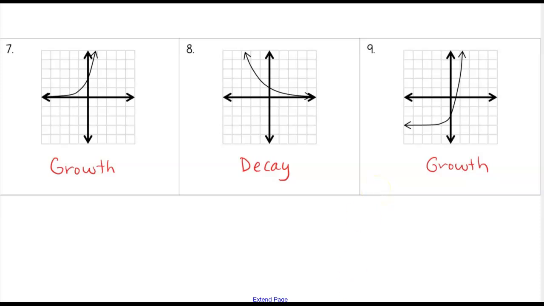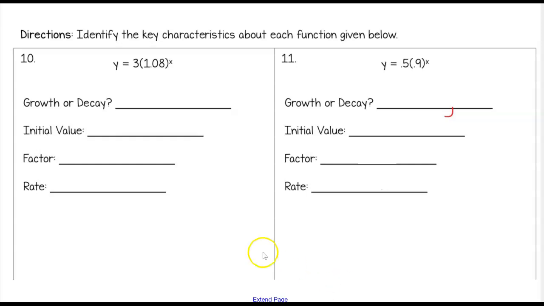All right, let's look at some more problems. Here we need to identify the key characteristics about each function given below. So what we want to know is, is it growth or decay, like we just did a few minutes ago. Find the initial value, the number that we start with. Find the factor that we're multiplying by, and find the rate.